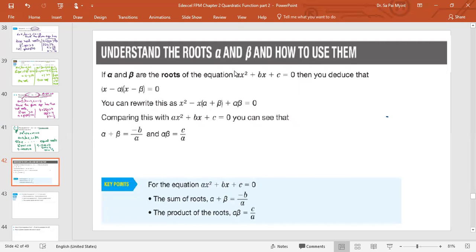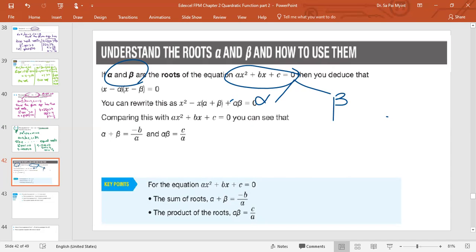Here, this is a quadratic equation. From a quadratic equation, how many solutions can we find? 2 solutions. Let these 2 solutions be alpha and beta.